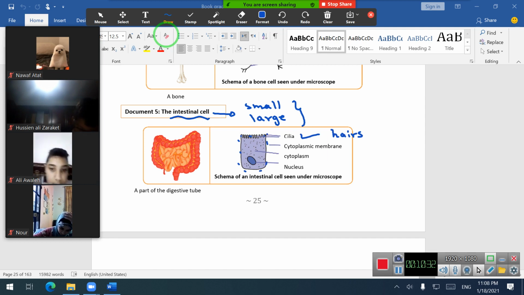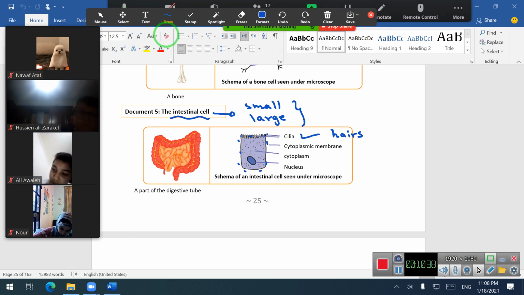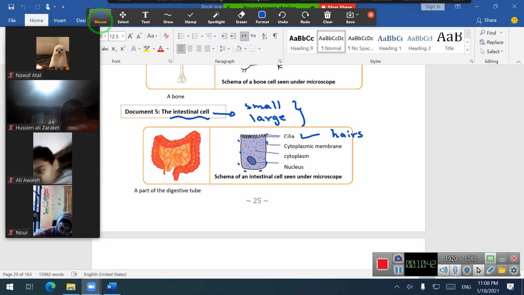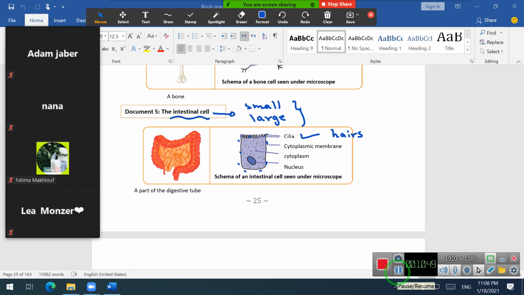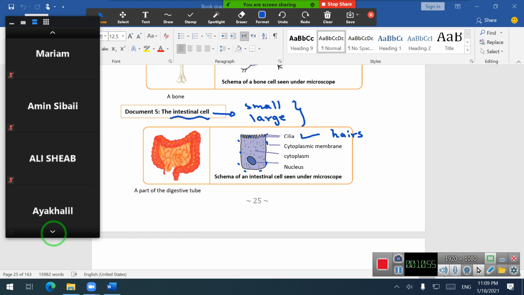The cytoplasmic membrane, cytoplasm, and also nucleus. This cell is a part of the digestive system. This cell helps you to absorb all the nutrients in order to pass into the blood. So this is all about documents 1 till 5 about the human cells that are found in our body.